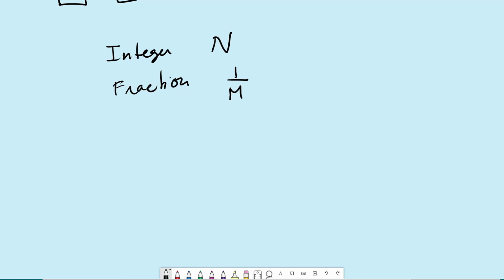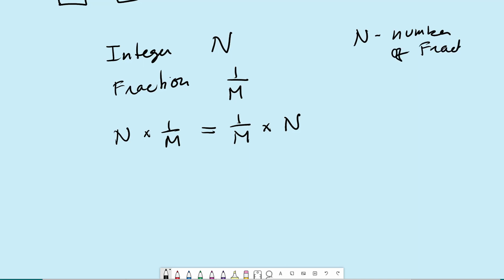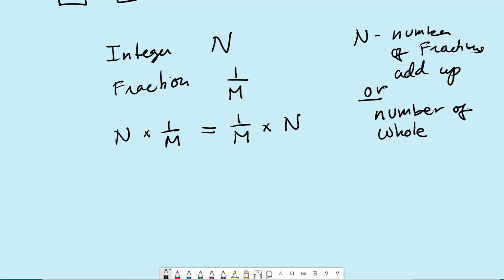So if we say n times 1 over m, that'll equal 1 over m times n, where here n can be either the number of fractions that we add up or the number of wholes. So in this case it's the number of wholes, while in this case it's the number of fractions, and they're equal.